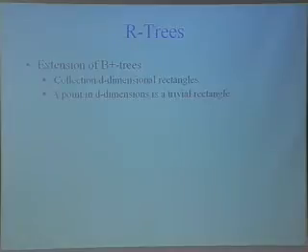We had data nodes, and then we had index nodes. Data nodes formed the leaves of the B plus tree. Index nodes were used to navigate from the root to the proper leaf, where you would find the data you're looking for. All the leaf nodes are at the same level, and then there were constraints on the minimum and maximum degree for an index node.